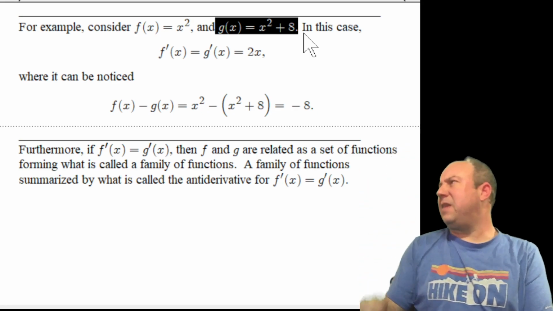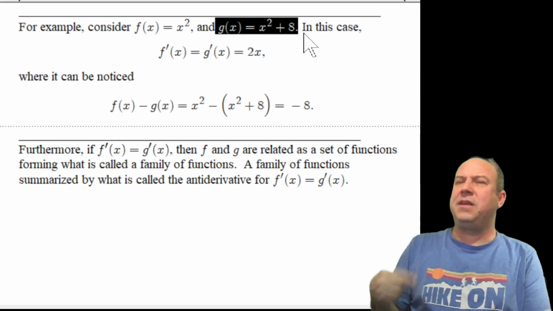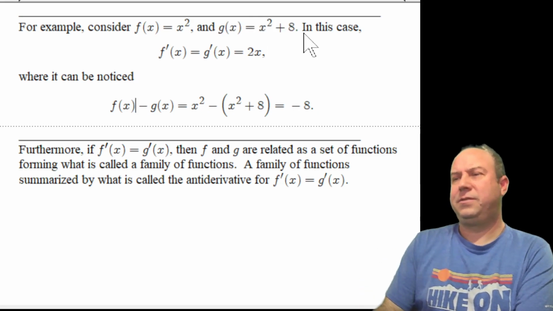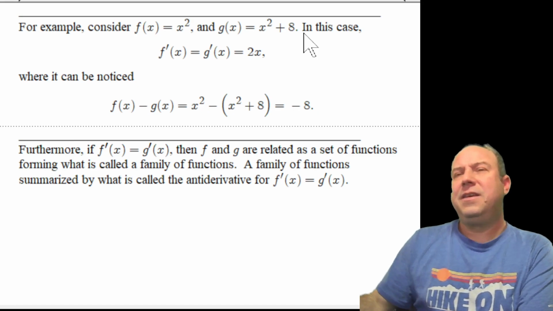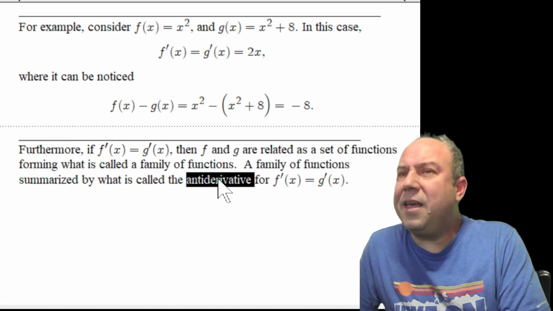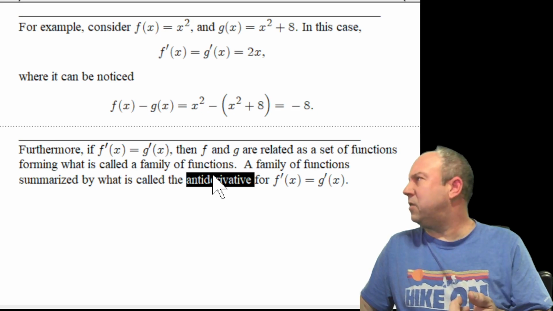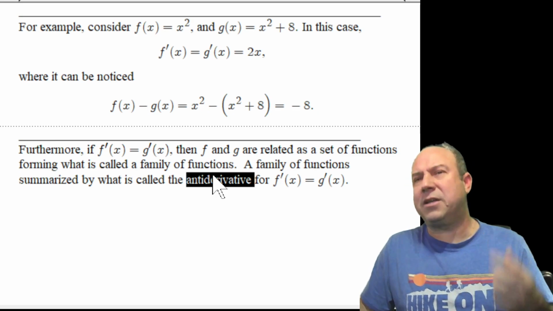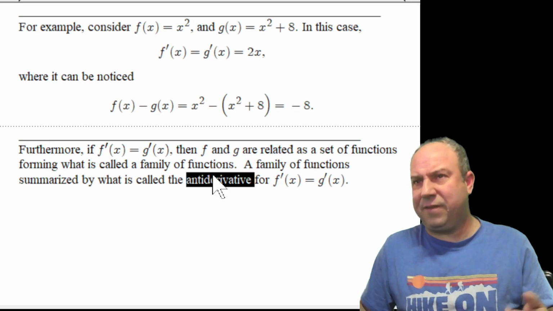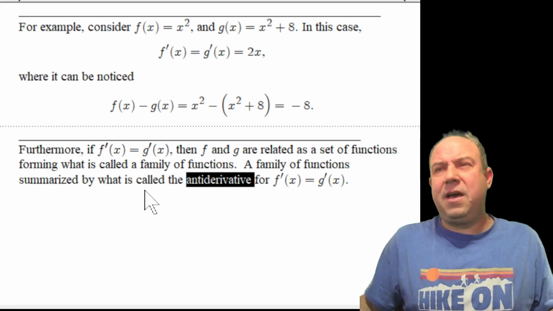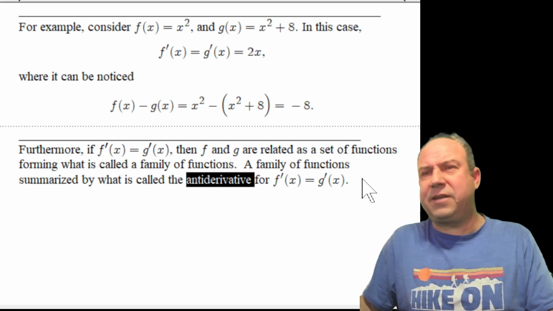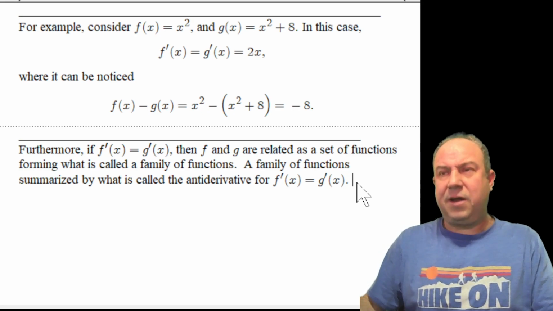And that is going to be described by a family of functions. That's the idea that we're going to lead ourselves over into with respect to the study of antiderivatives. A family of functions summarized by what is called the antiderivative for a function.